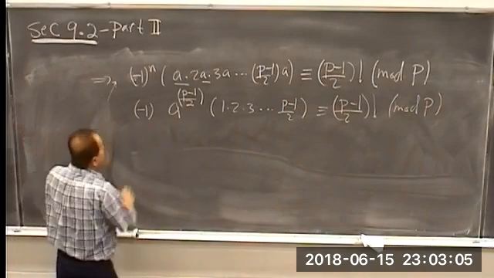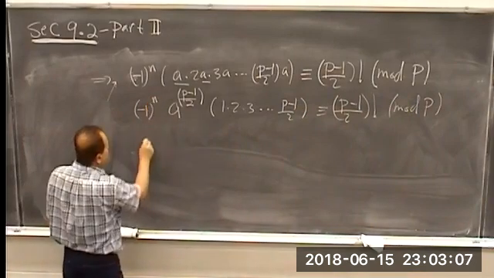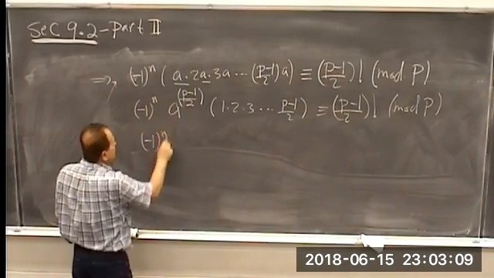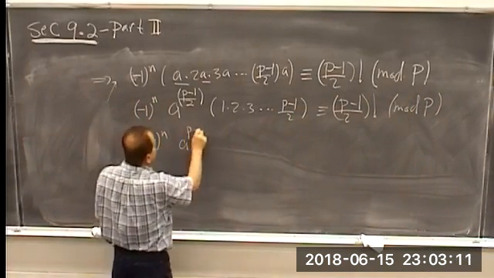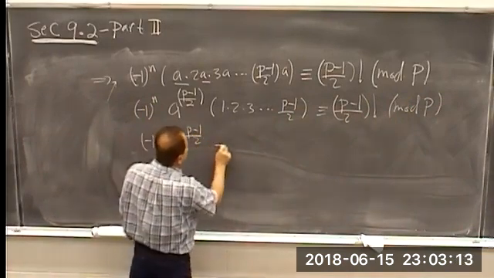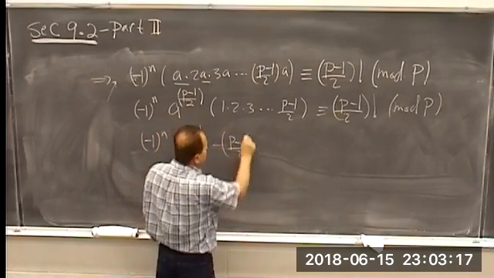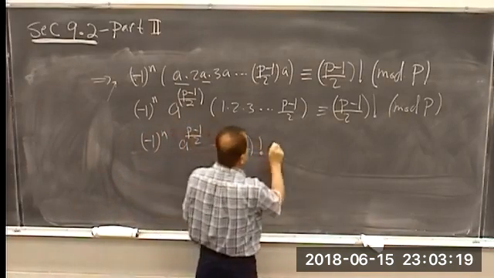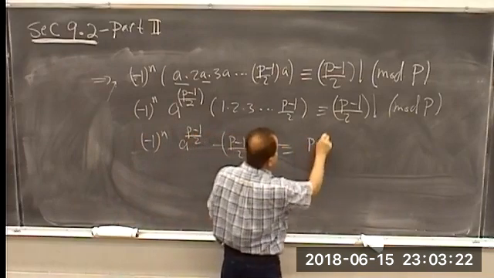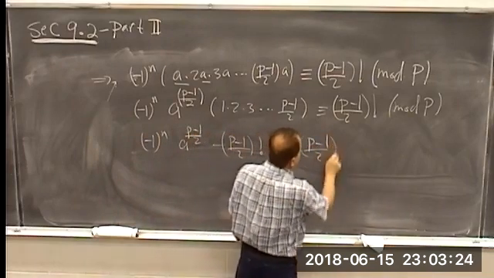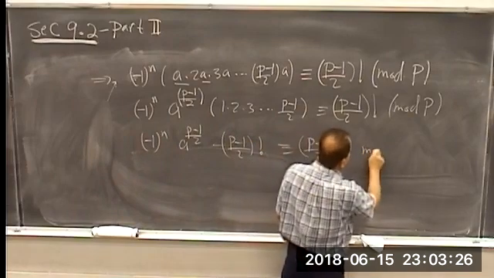So the left side, we need an n in here, sorry. So this is (−1)^n a^((p−1)/2) ((p−1)/2) factorial, congruent to ((p−1)/2) factorial mod p.